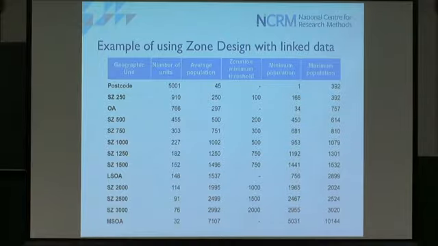Of course, what we'd also be looking at as outputs would be a series of tables. Here we've got our number of units for each of the zonations, the average population, and then our minimum threshold, which was set for the tool to work through.